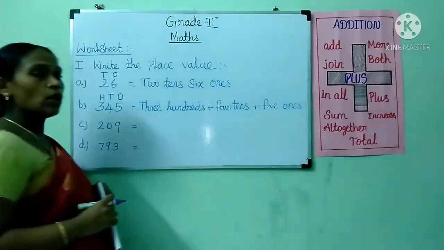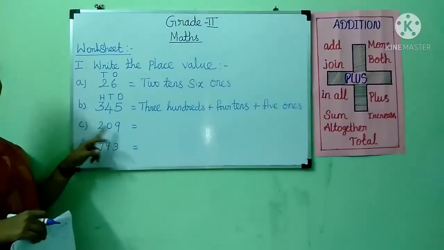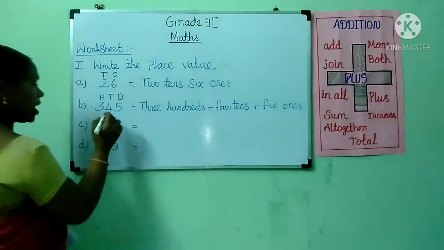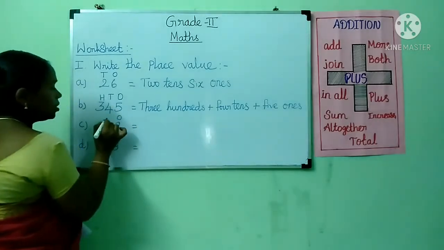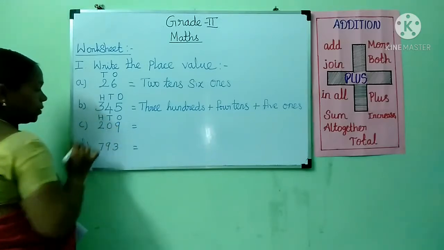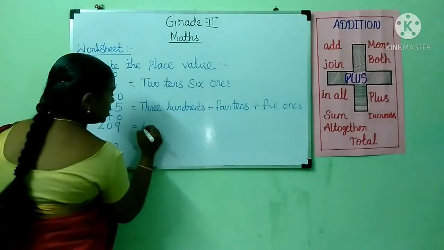The next one, 209. How to read this number? 209. So 9 is the ones place, 0 is the tens place, 2 is the hundreds place. How many hundreds are here? 2 hundreds.